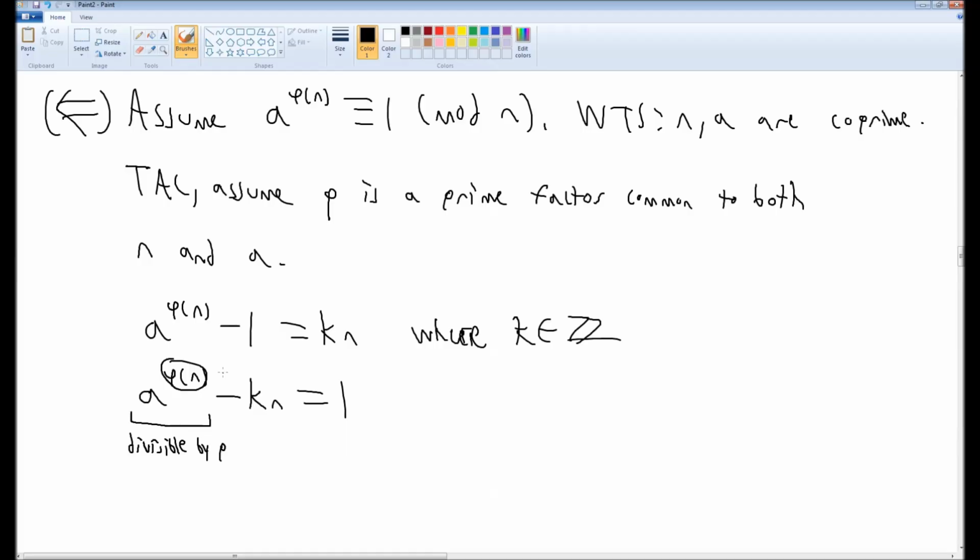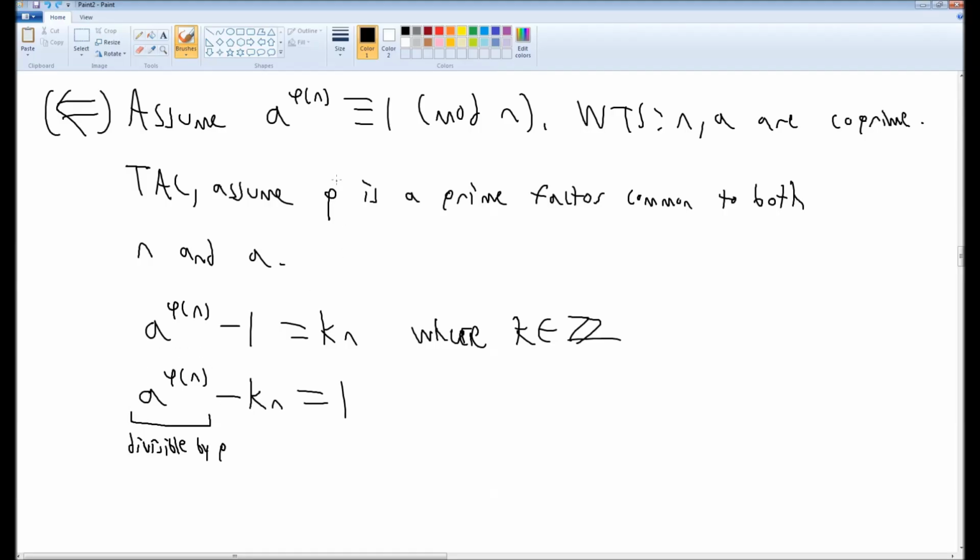The reason for that is because of the numbers between 1 and n which are coprime to n, there's always at least one number that works because 1 is coprime to anything. So therefore, this isn't a to the power of 0. This is a to the power of 1 or 2 or 3 or some positive number. So therefore, since a is divisible by p, this whole power has to be divisible by p.